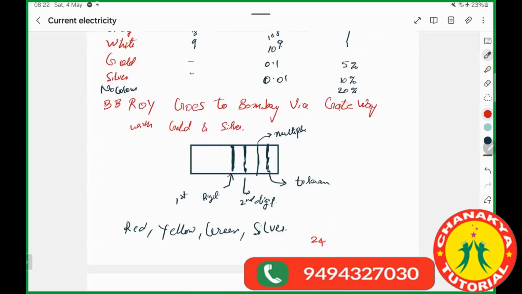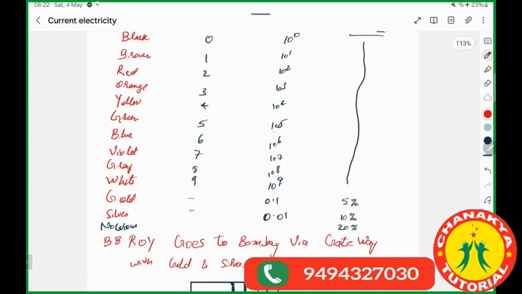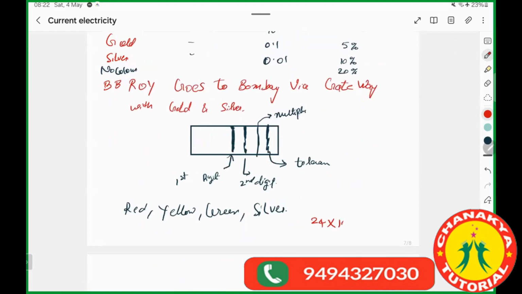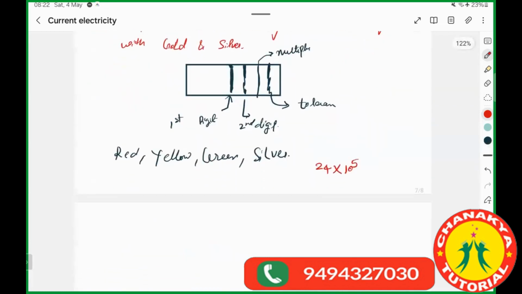We got one number. Now the third one is the multiplier, which is green. What is the number for green? It is 5, so it means into 10 to the power 5. The last one is silver, which is tolerance. The fourth I said is tolerance, so silver means 10%. That means we'll write plus or minus 10%. This is the answer.